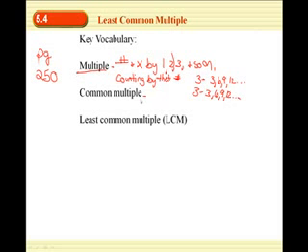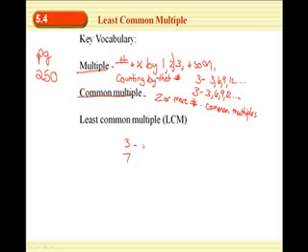Okay? Common multiple is when you have 2 or more numbers. You want to find their common multiples. So let's do 3 and 7.